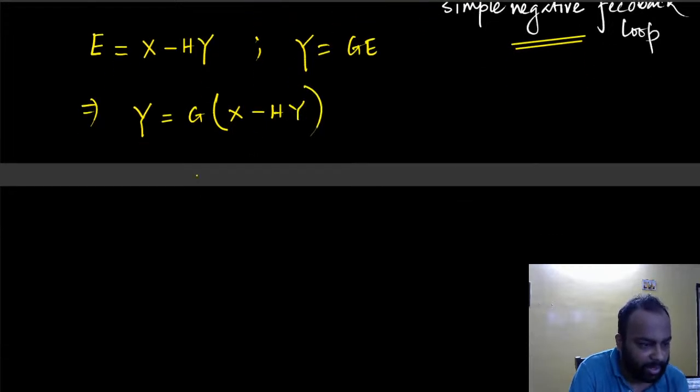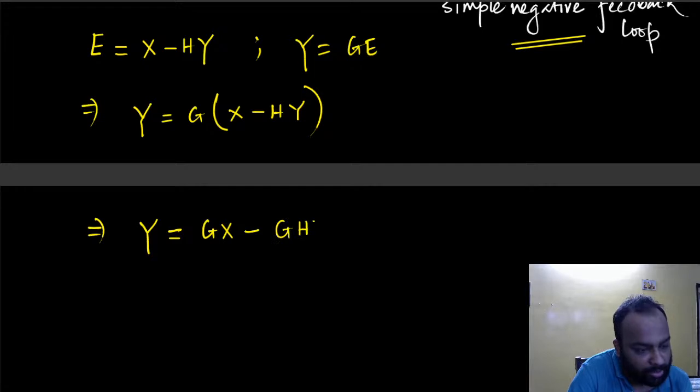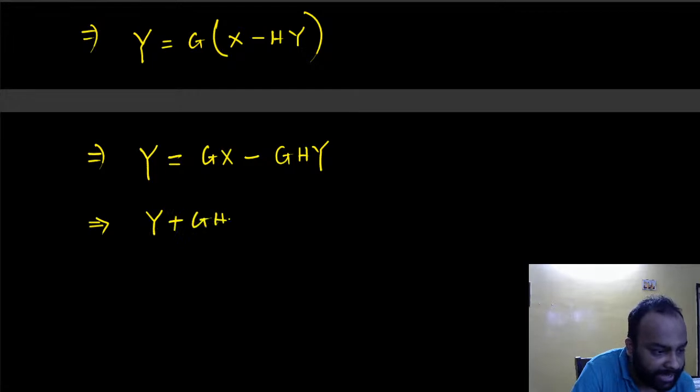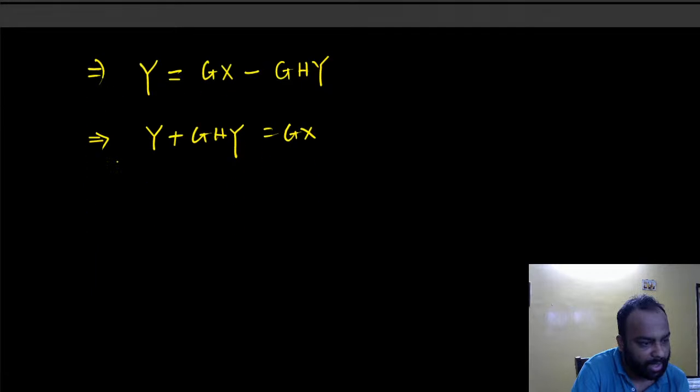And now I can simplify this even further. I can say y is equal to gx minus ghy, right? And I'm just pulling this to the left hand side. So I have y plus ghy is equal to gx, and there I can factor out y.